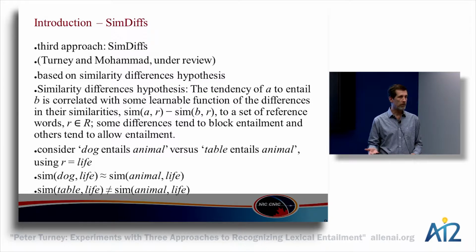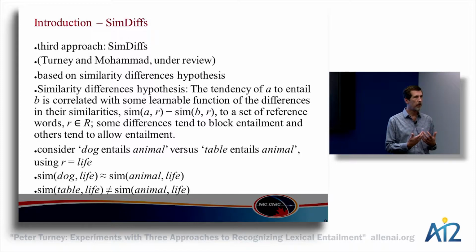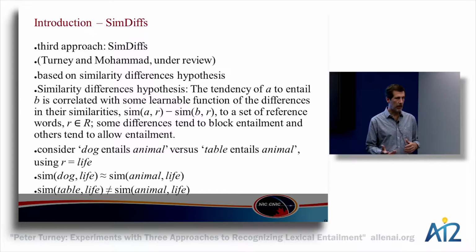The reference word could be life, and dog and animal are similar with respect to life. So the difference in their similarities with respect to the reference word life is low. When you subtract their similarities, you get a value near 0. But table and life are quite different.